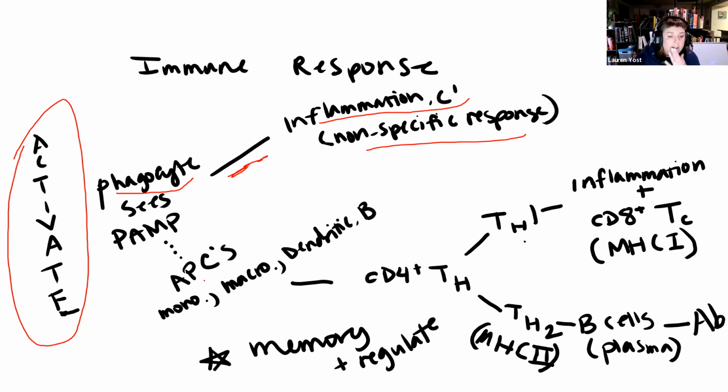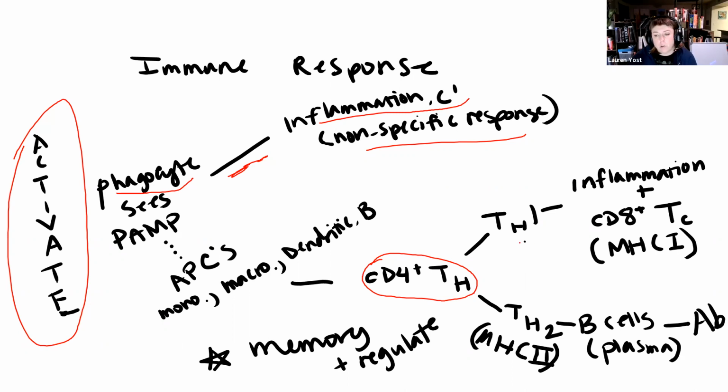The phagocytes that are antigen-presenting cells are the monocytes, the macrophages, the dendritic cells, the B cells. Now those cells saw the PAMP. They're part of that initial response. So they're going to go find a T helper cell, depending on whether they are presenting their antigen on MHC2 versus MHC1 due to an internal infection, and that could be from any cell, not just the special antigen-presenting ones.